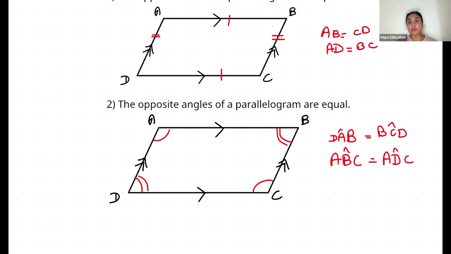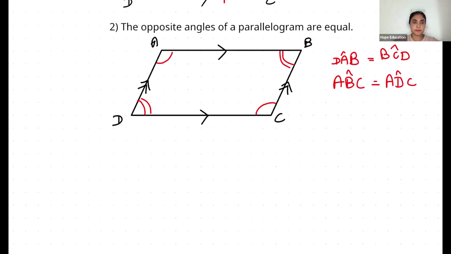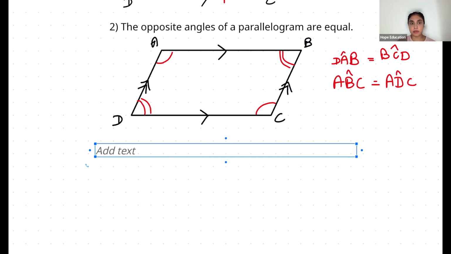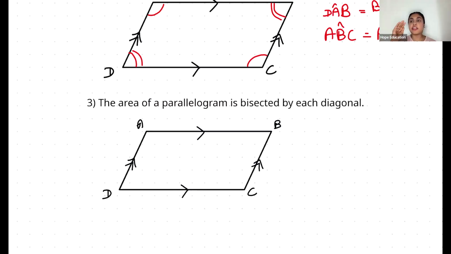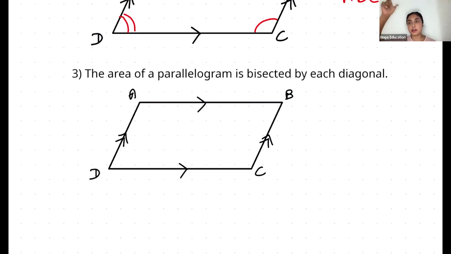In addition to that, we say the area of a parallelogram is bisected by each diagonal. What does that mean? Let's see what this means. In a parallelogram, a diagonal means a line we draw joining opposite vertices.